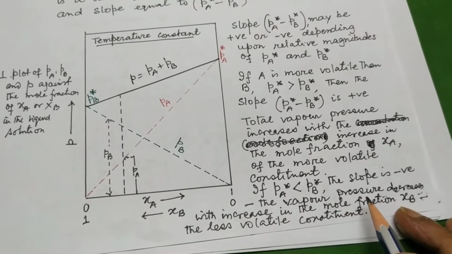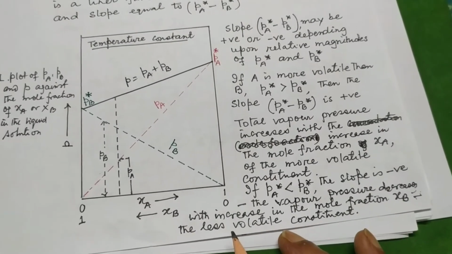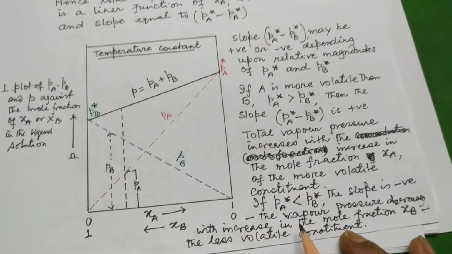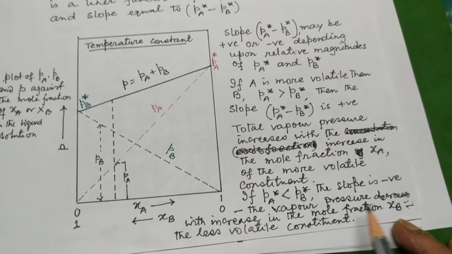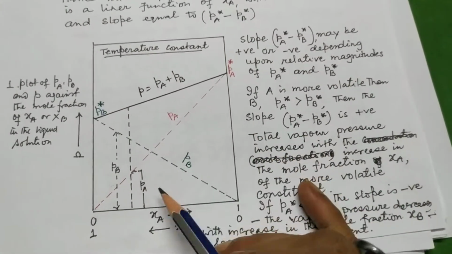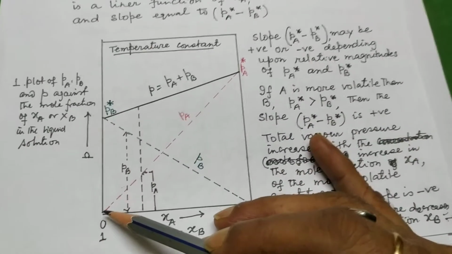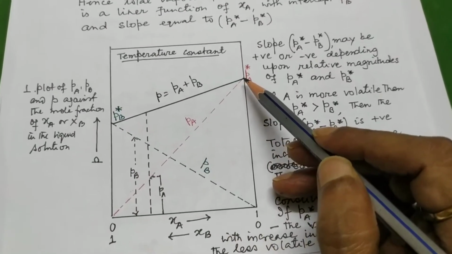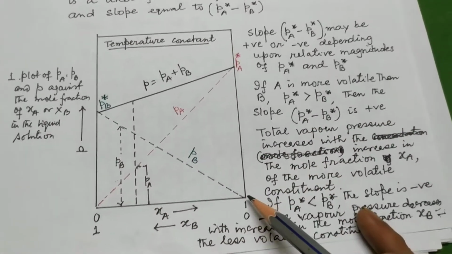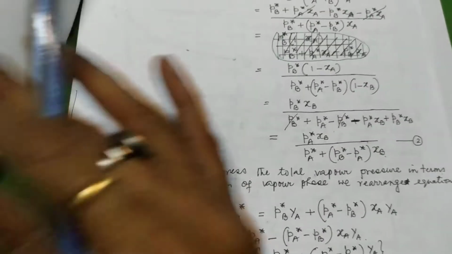The vapor pressure decreases with increase in the mole fraction XB of the less volatile constituent. So this is the curve for PA, PB and total vapor pressure. This is the total vapor pressure curve. The red one is the vapor pressure curve for A, and the green one is the vapor pressure curve for B. Now we will discuss the composition of vapor phase.